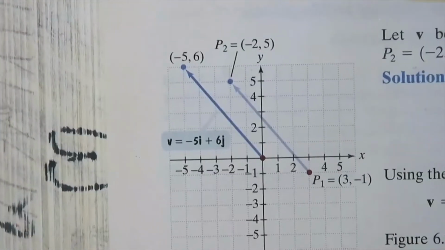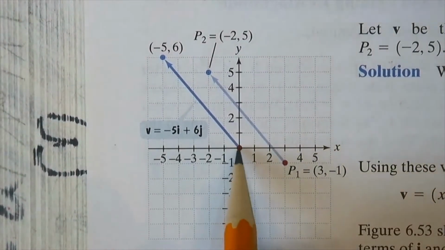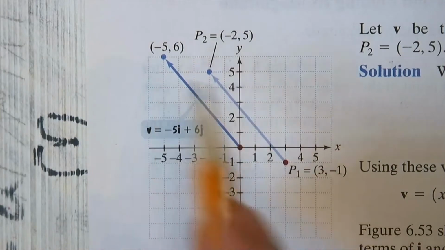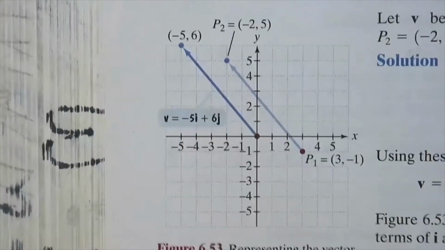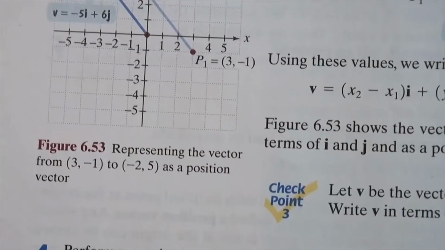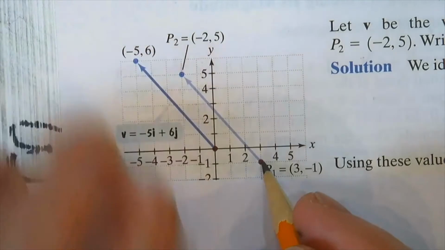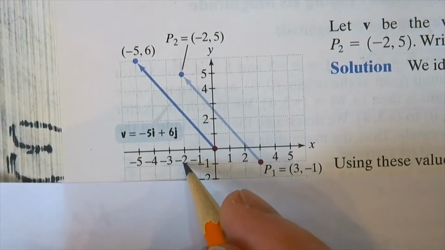If I said, let's look at this vector. It goes back 5, up 6. What about this vector, P? Well, let's see. I'm going to write this vector. I could say, well, it goes back 1, 2, 3, 4, 5.